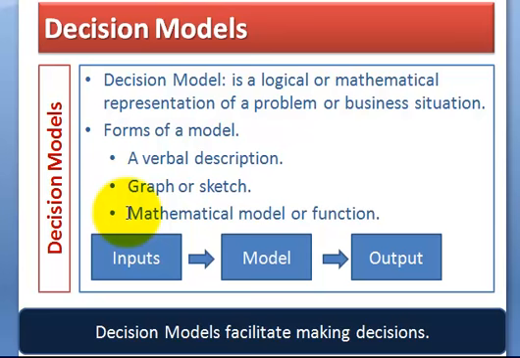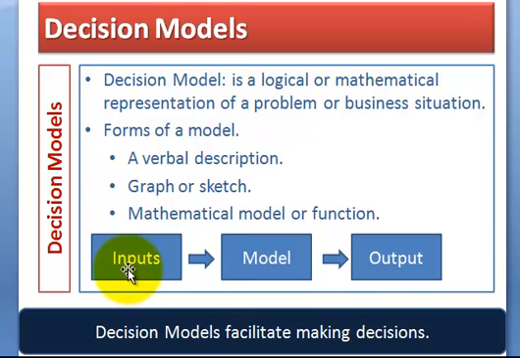I could say y might be how long it takes me to mow the grass, and that's equal to 2 times x, the length of the grass, plus perhaps some fixed amount like 5 minutes that it's always going to take to mow the lawn because I have to set up, etc. In this course, we will be working mostly with mathematical models or functions.